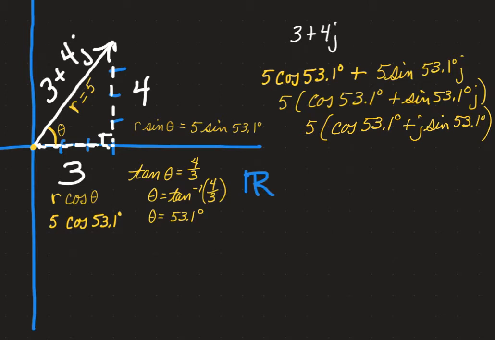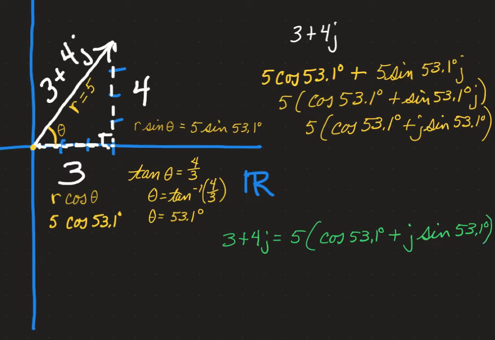What we're saying is 3 plus 4j is equivalent to 5 times the cosine of 53.1 degrees plus j sine of 53.1 degrees.